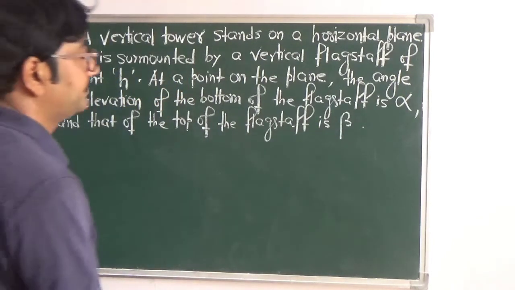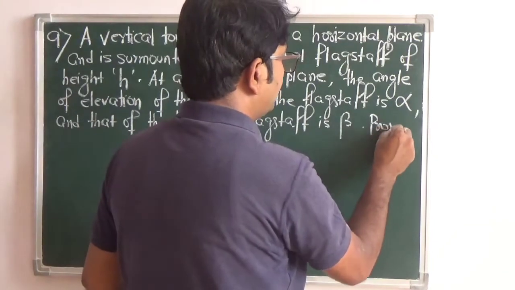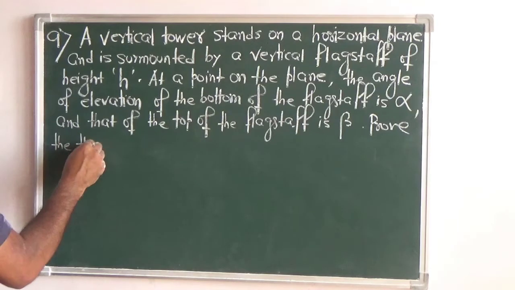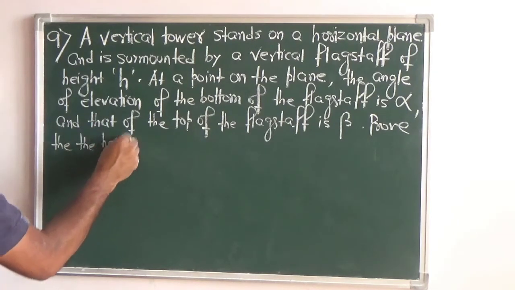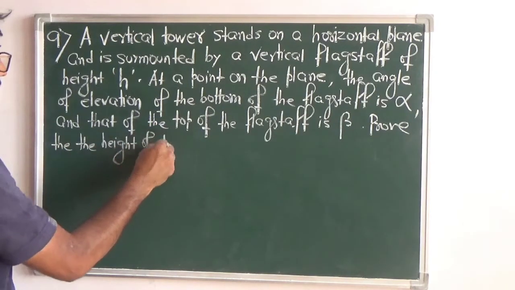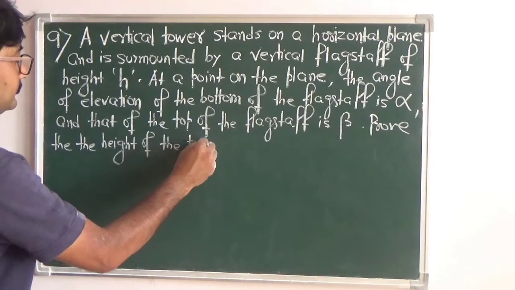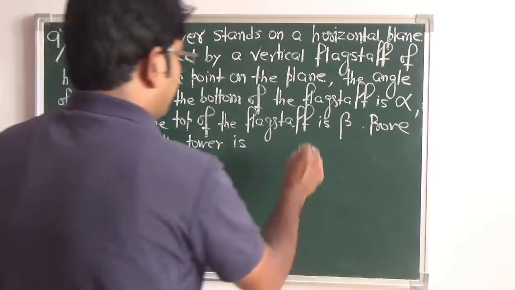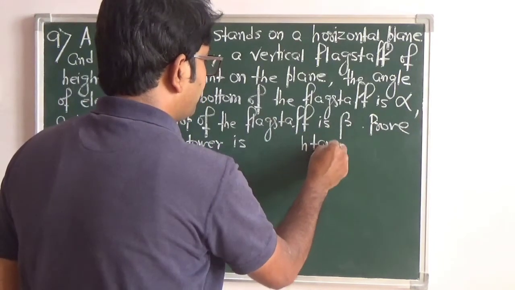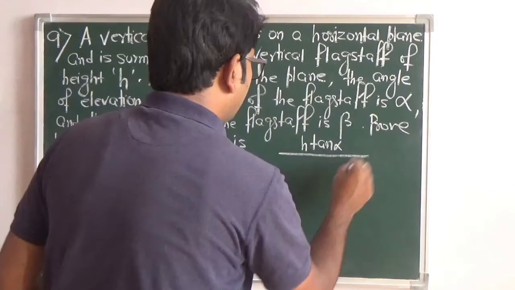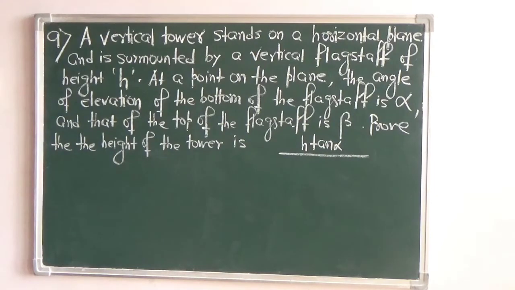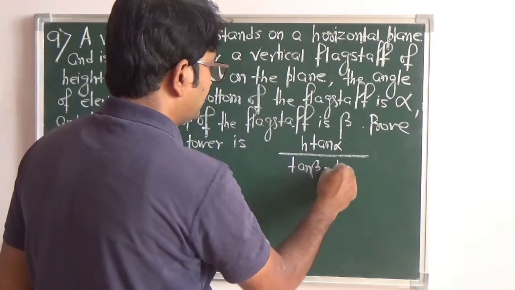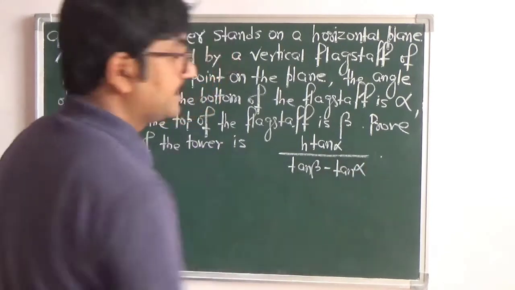Prove that the height of the tower is h tan alpha divided by tan beta minus tan alpha. So this is the question.